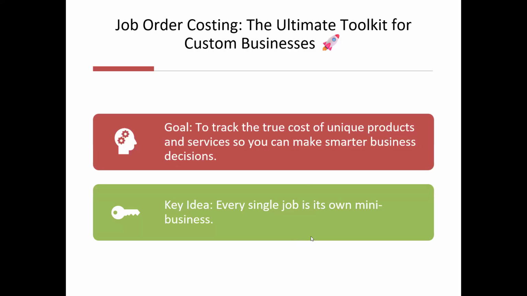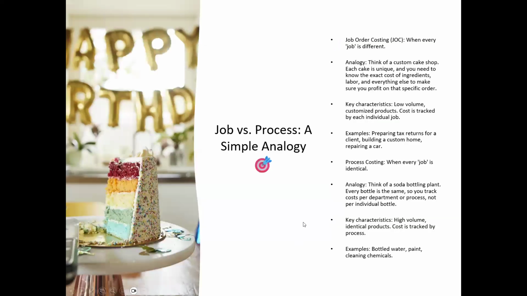So the goal of this lecture or presentation is to showcase how you calculate the cost of a job and how you allocate costs. Now, there are different types of allocating costs to a product, whether job or service, whether physical products or intangible products.